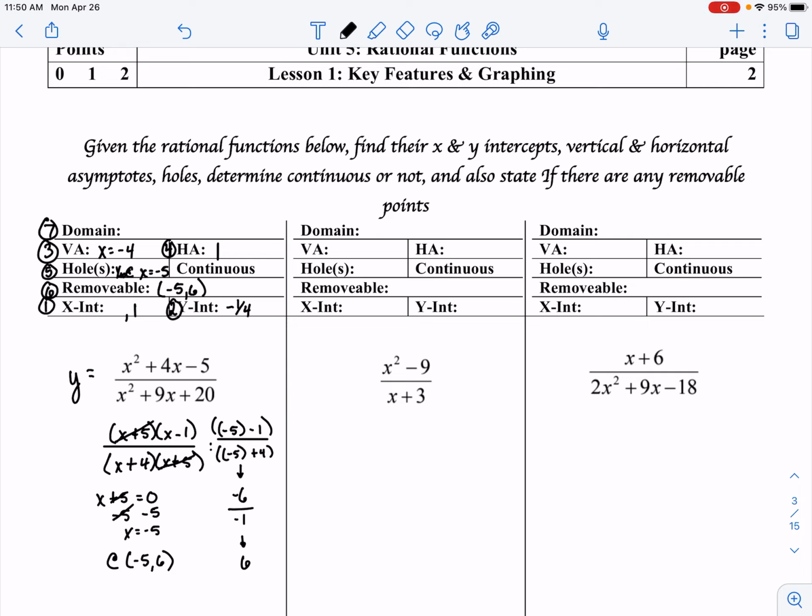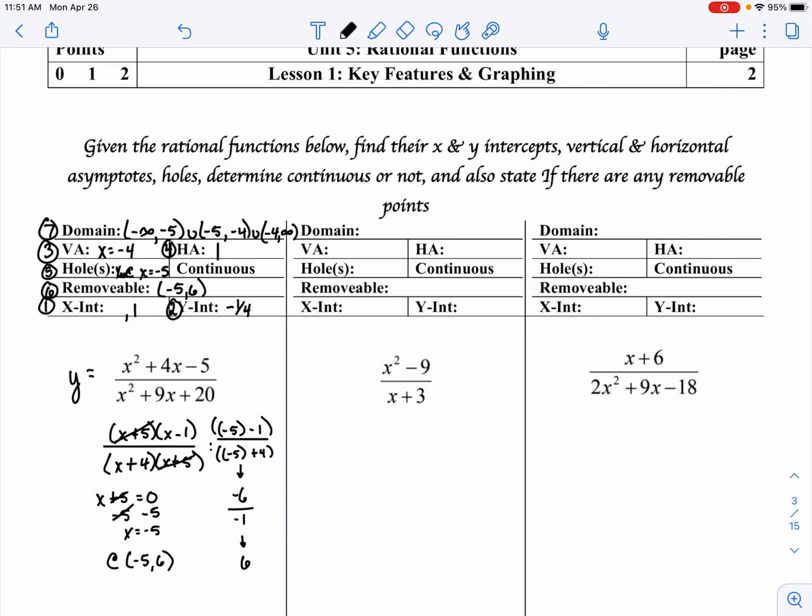So from negative infinity all the way until our first either hole or vertical asymptote. So I have a hole at negative 5. So negative infinity to negative 5. Then from negative 5 to our vertical asymptote, negative 4. Start again, and then from negative 4 to infinity.